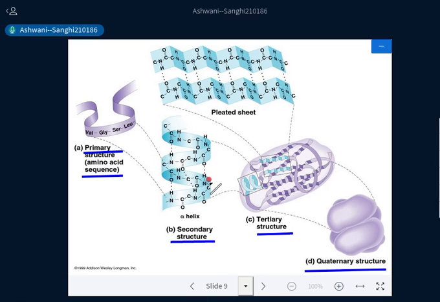Secondary structure of proteins contains hydrogen bonds in addition to peptide bonds. A hydrogen bond is the bond between hydrogen and an electronegative atom such as oxygen or nitrogen.